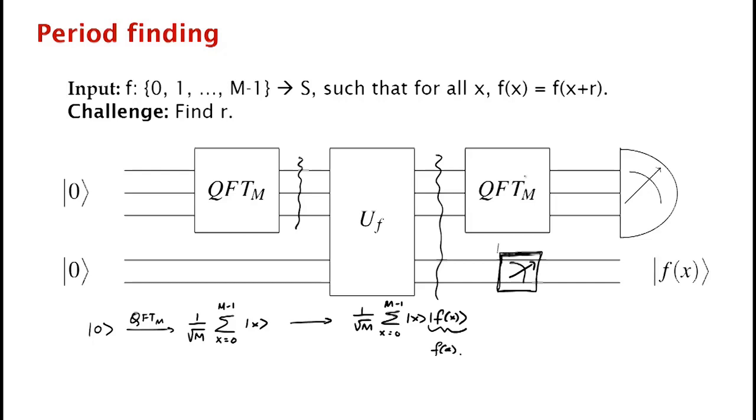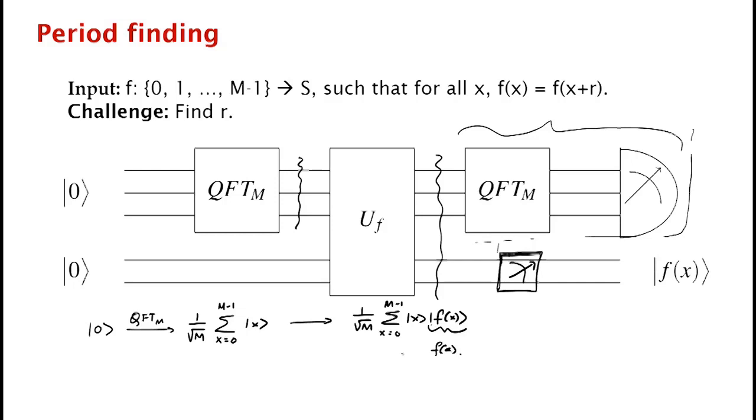And so now we have this periodic superposition on these qubits. Now we do another quantum Fourier transform and then measure. So this is Fourier sampling. What we know about Fourier sampling is that it has two properties. One, shifting the input doesn't change the output distribution. So we may as well shift it and think of the output of the measurement as f of 0.